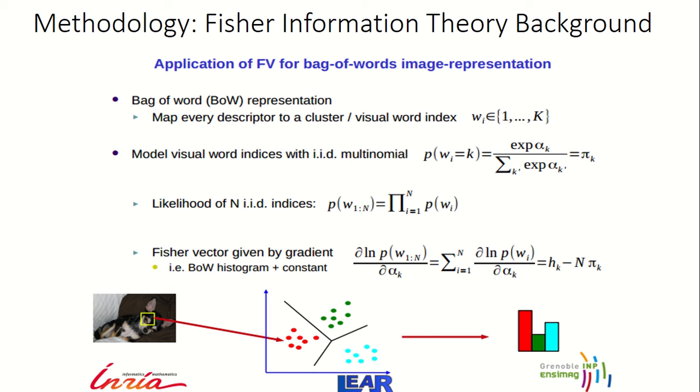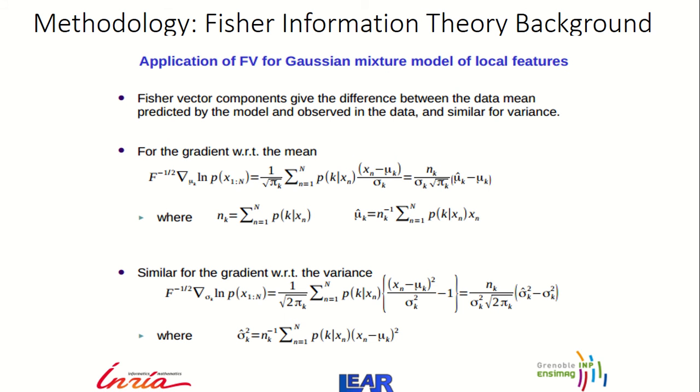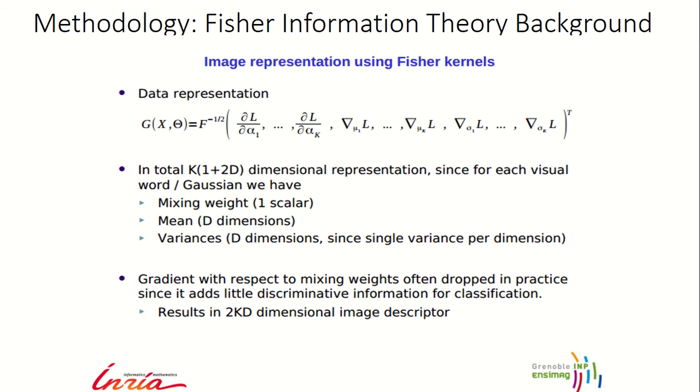So people started working on more powerful generative models, like the Gaussian mixture model. They calculated the derivative of the Gaussian mixture model with respect to parameters: with respect to means, mixing weights, and variances in the covariance matrix. Then for each vector, they concatenate all of these derivatives in a long vector to come up with a global representation of this image.